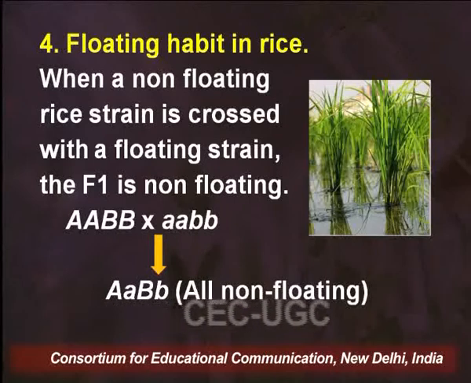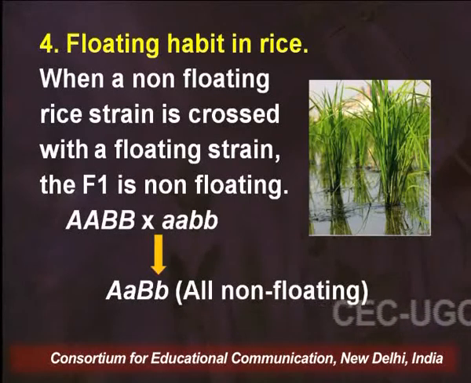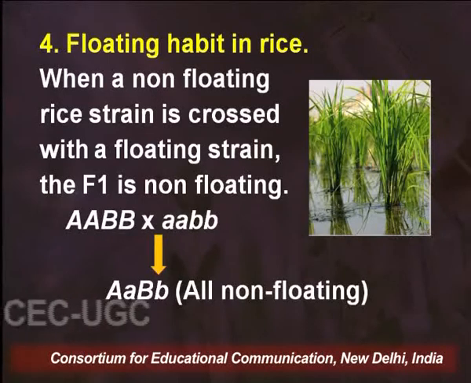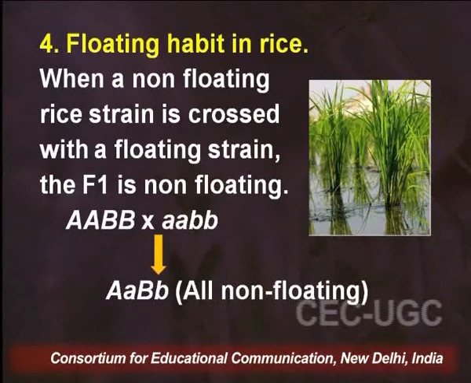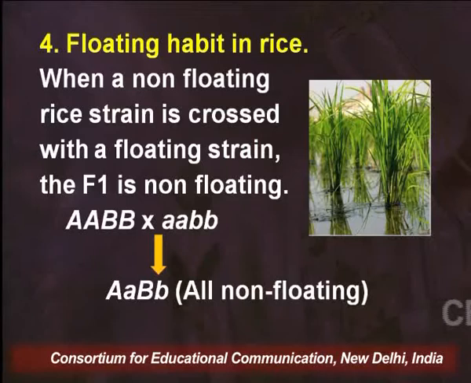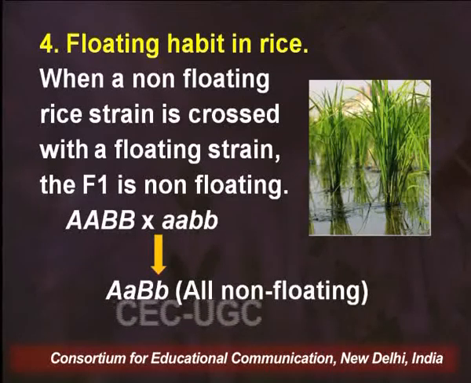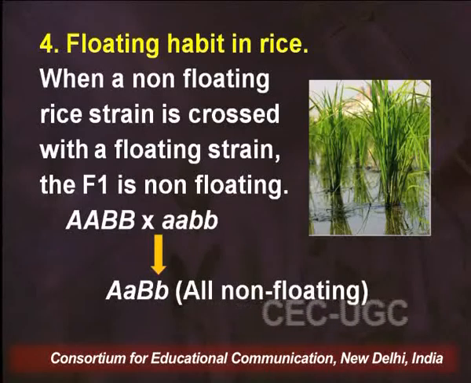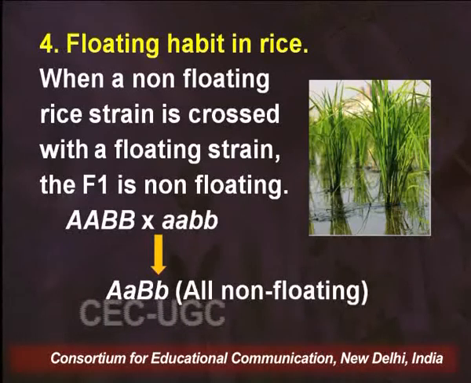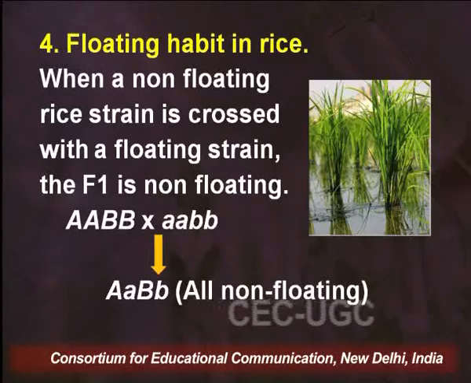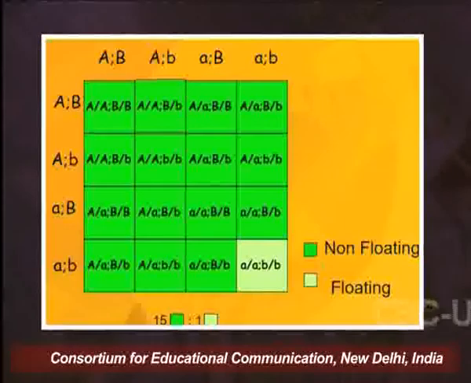A very classical example that few people know is of the floating habit in rice. You know, rice is also of two habits, either it floats or it doesn't. The non-floating variety is dominant. So if we signify this variety by capital A and capital B, and then cross it with a floating one, we find that in F1 all the progeny are non-floating plants.